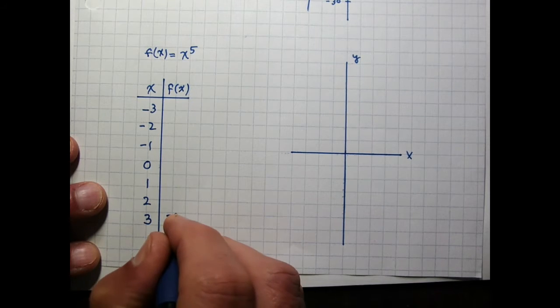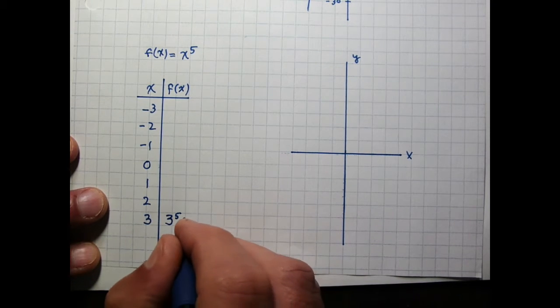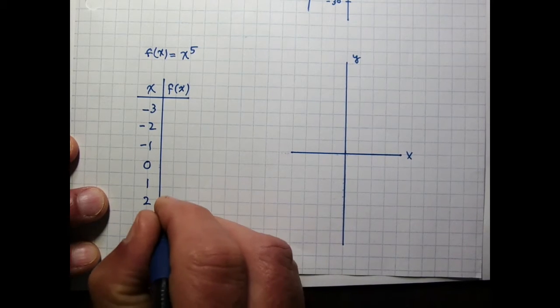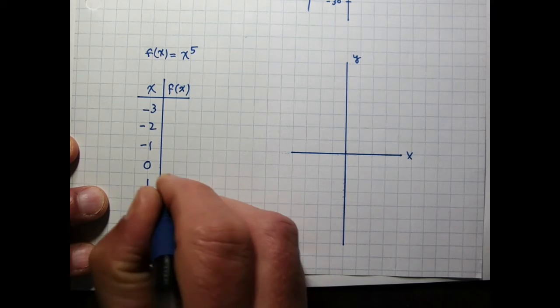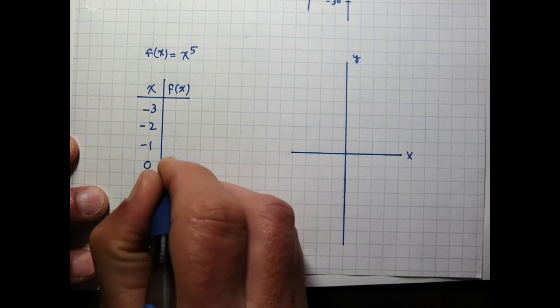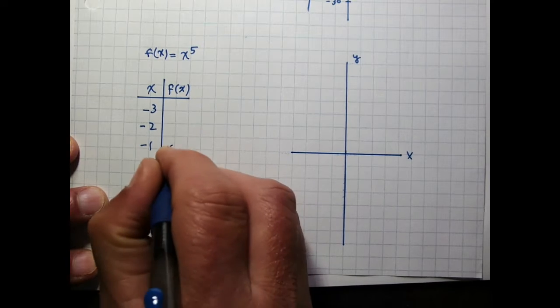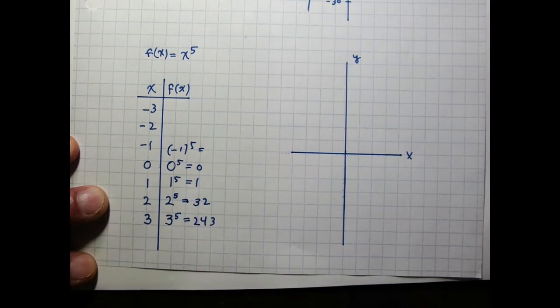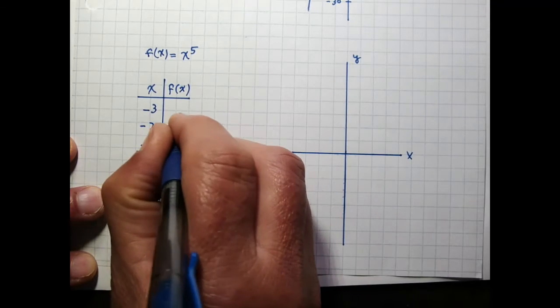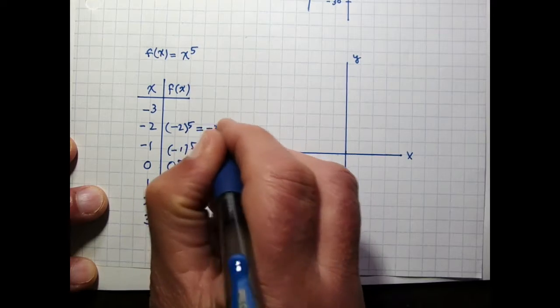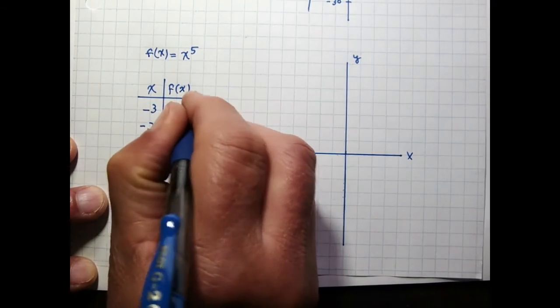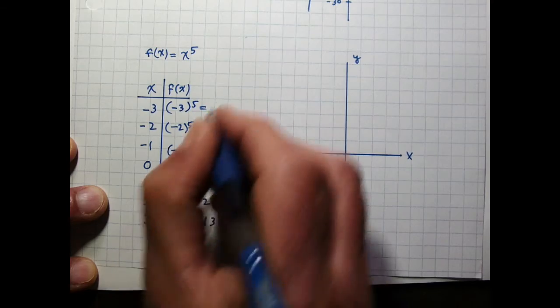I'll start at the bottom again. 3 to the fifth is 243. 2 to the fifth, you should be able to do in your head, is 32. 1 to the fifth is 1. 0 to the fifth is 0. -1 to the fifth is -1. -2 to the fifth. The thing about these odd powers of negatives is we get negative results, right? This will be -32. And -3 to the fifth is going to be -243.